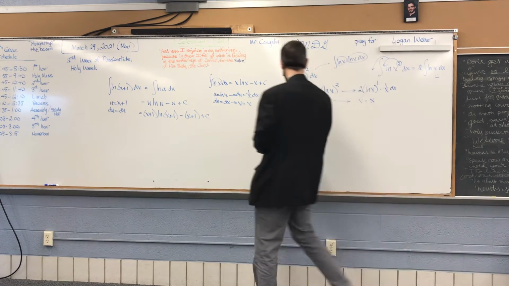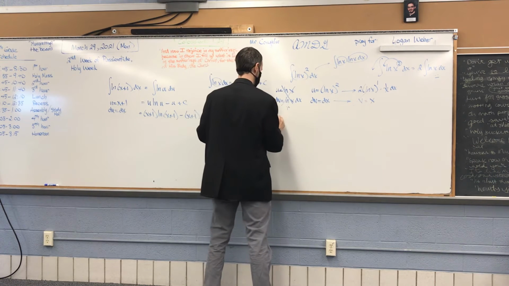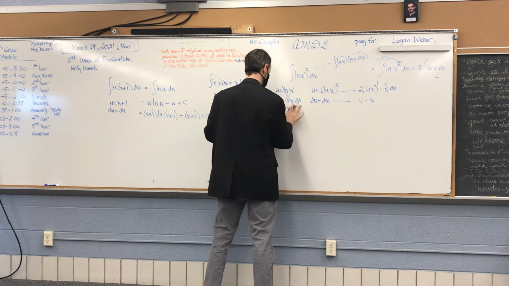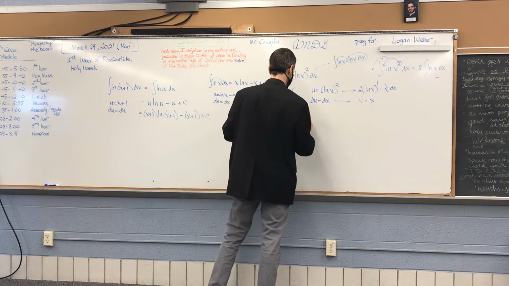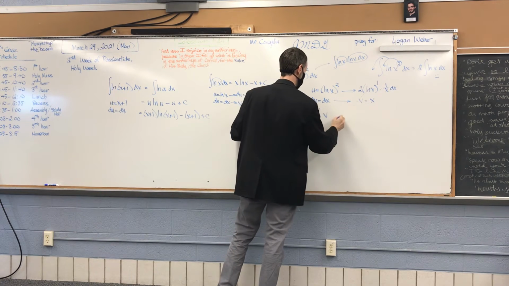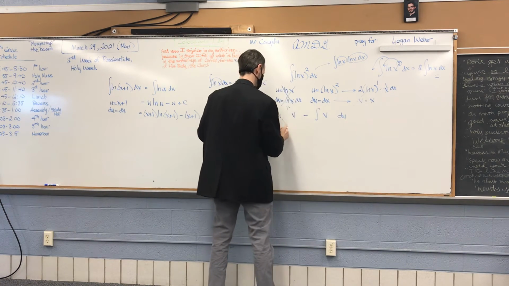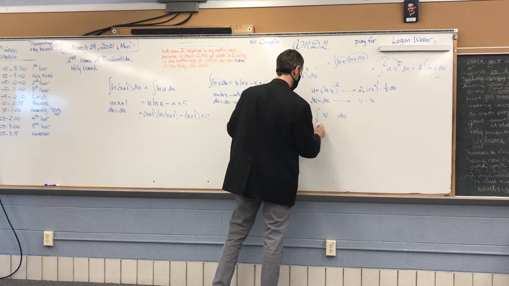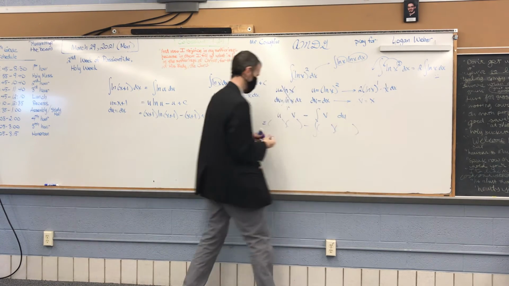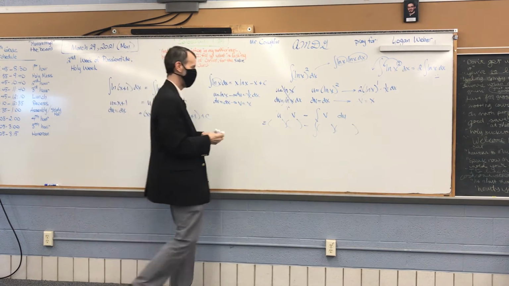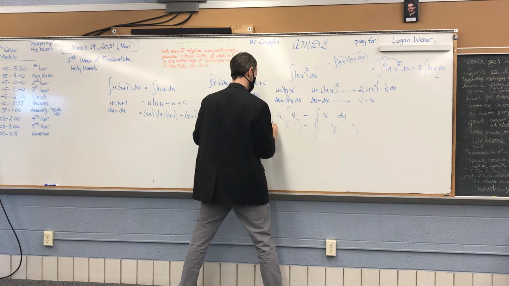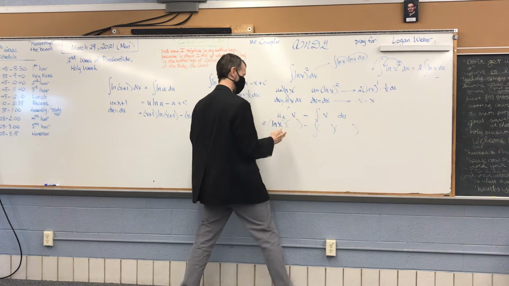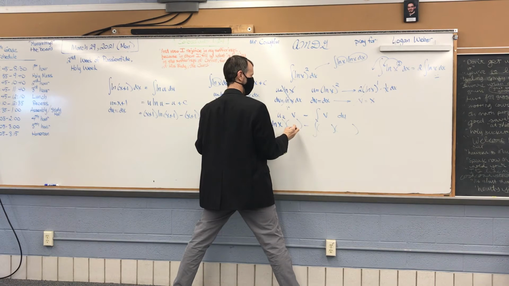It's life. So it's now u times v minus the integral of v du. So something minus the integral of something. Fill in the blanks. ln of x squared, and then x.